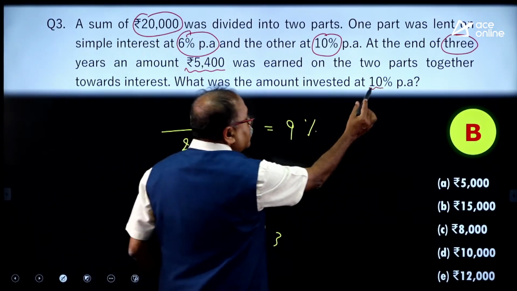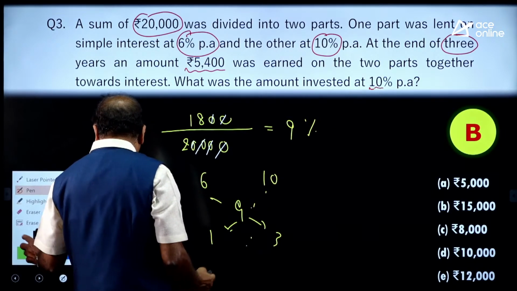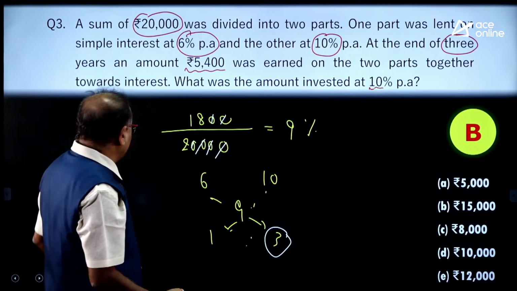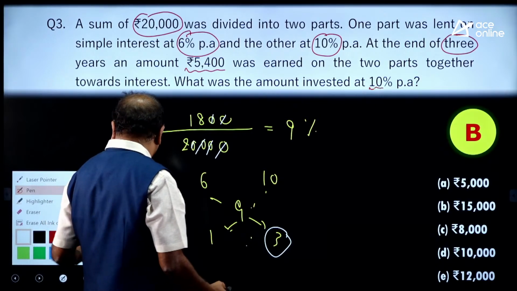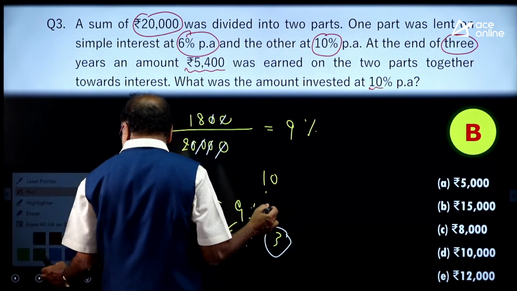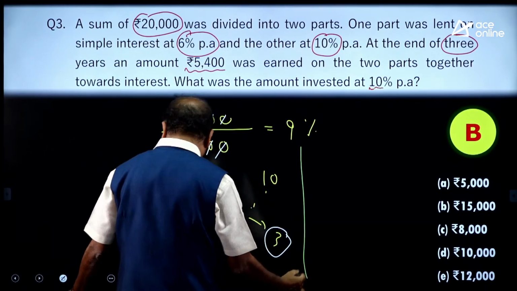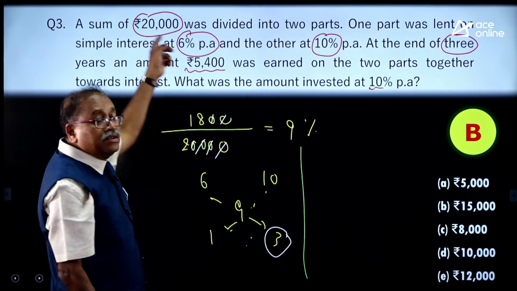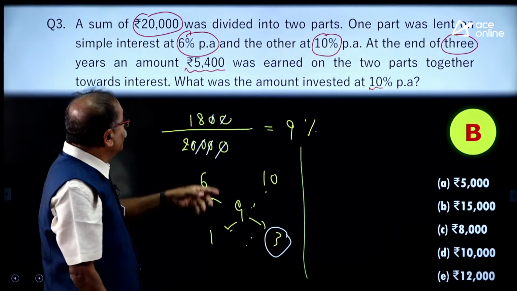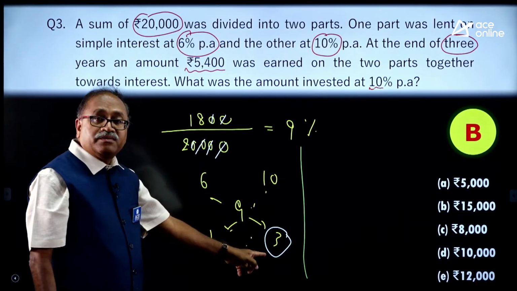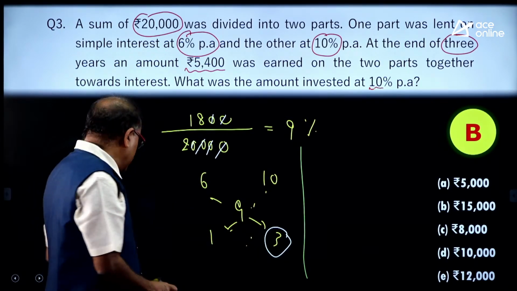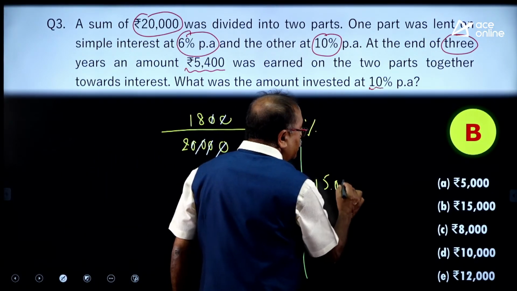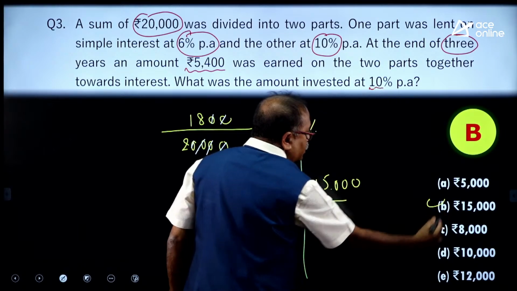So, I need to find out at 10%, that means I need to find this part, 3 parts out of 4 parts. 20,000 is there. This calculation can be done without actually writing it. I know the 4 parts. Divide the 20,000 by 4, you will be getting 5,000. 5 into 3, that is 15,000. So, I can directly write down my answer is 15,000. Your option choice is B.